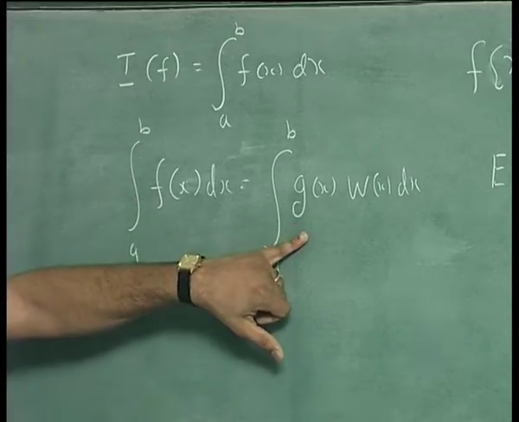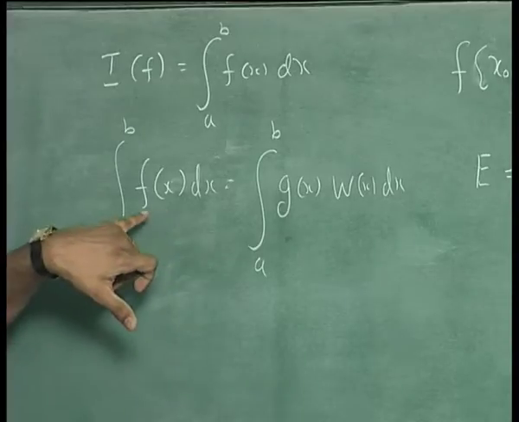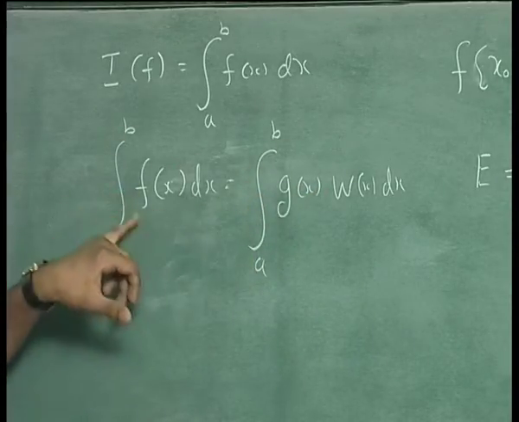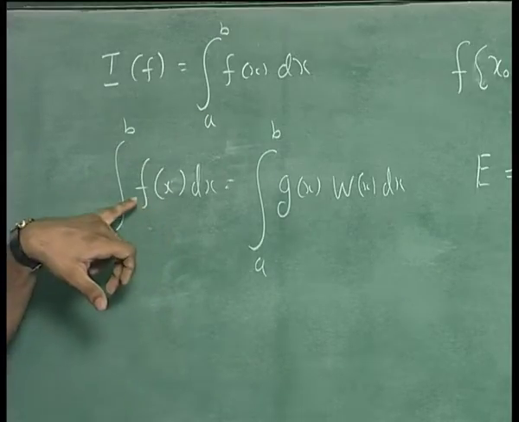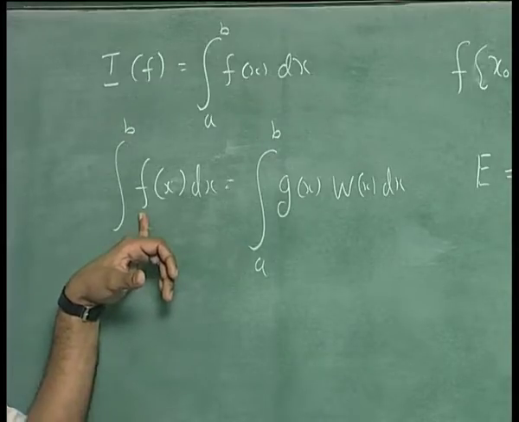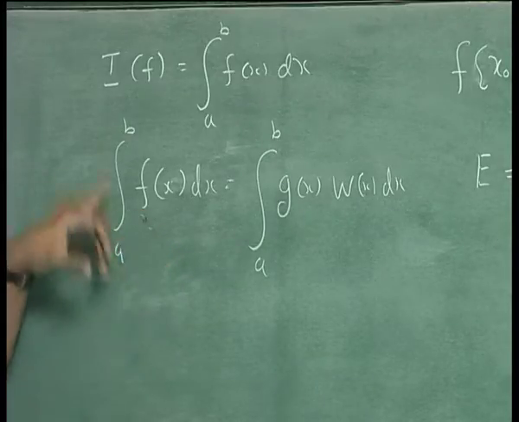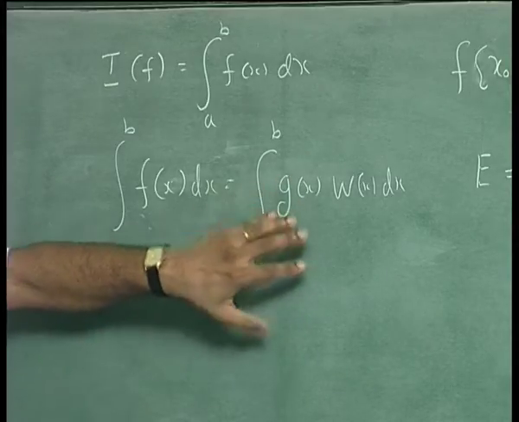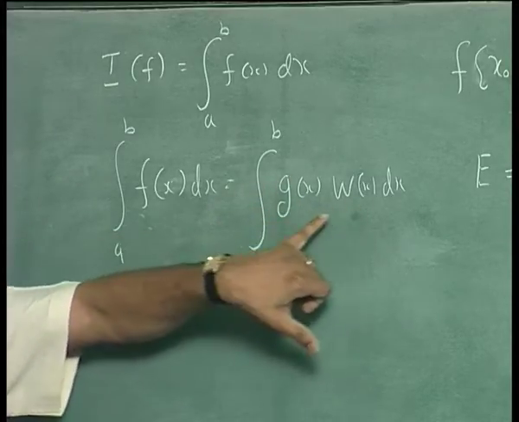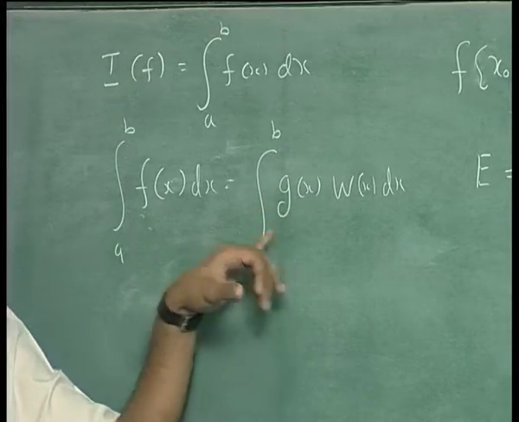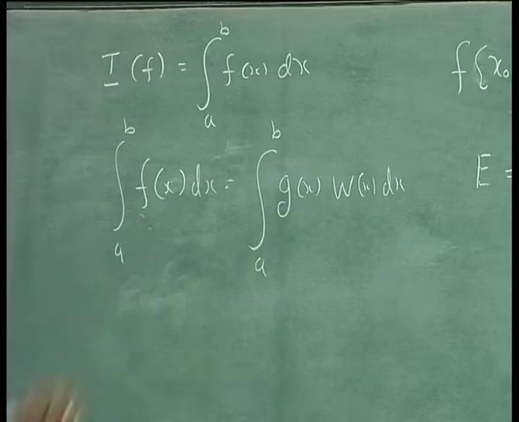Another thing is that we want to approximate this function f of x by a polynomial, but there may be problems because f of x itself may not be a well behaved function in the interval a to b. In that case we could split it into g of x into w of x, where g of x is a well behaved function in the interval a to b. So, we will have an advantage in that context.